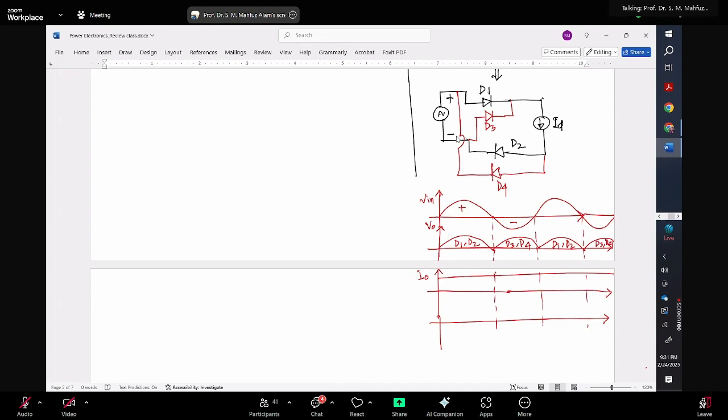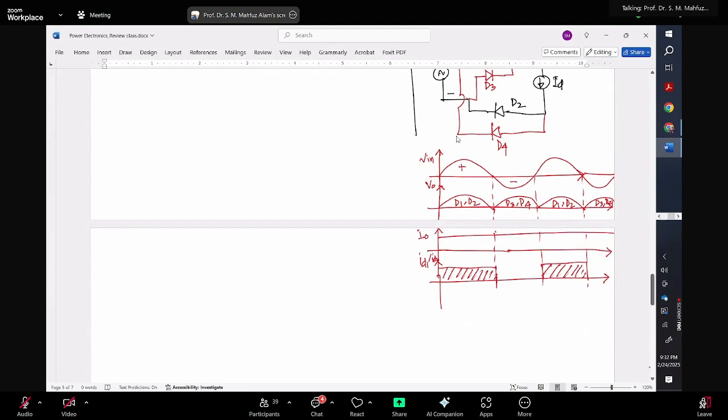So when D1 and D2 are operating, the current ID1 and ID2 will be the same, and the output current will appear like this. And here we'll have another chunk of DC current through the diodes ID1 and ID2.